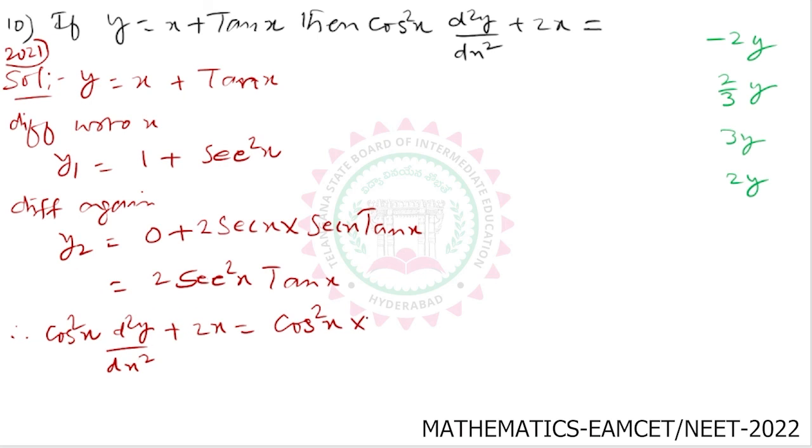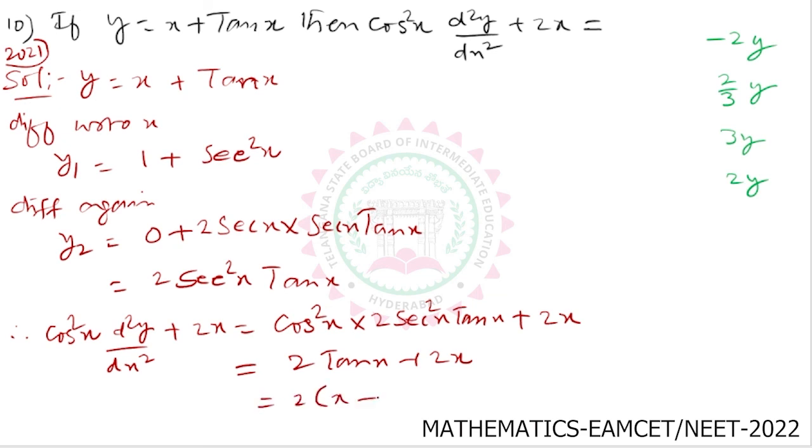Just now I have simplified, which gives me 2 sec square x into tan x, right? Plus these 2x remain as it is. You may see that cos square and sec square cancel, so which gives me 2 tan x plus 2x. If I take out 2 common, which gives me 2 into x plus tan x.